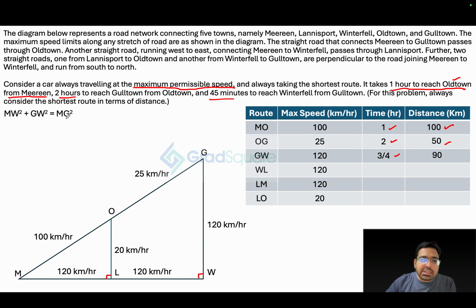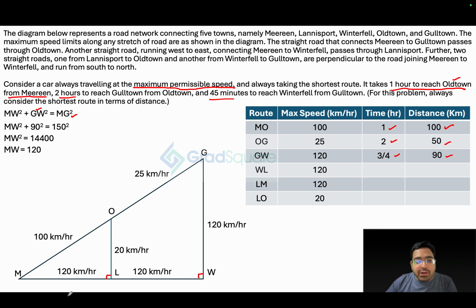We also know the length of GW, which is available over here as 90. Let's put it into this, and what do we get? We will get the value of MW square, which is 14,400, which effectively gives me the value of MW as 120. So this length from M to W turns out to be 120, right?